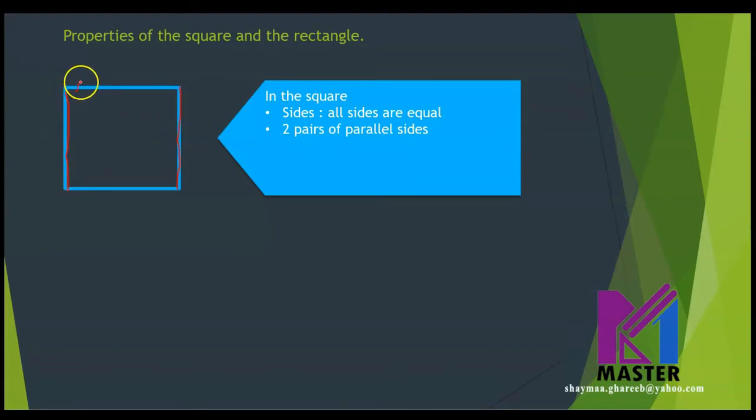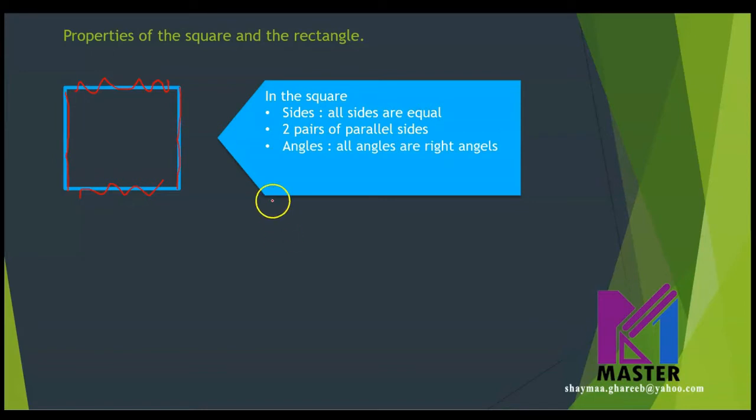And another pair here, this side is parallel to this side. So in total, I have 2 pairs of parallel sides. Do you remember the meaning of parallel? Lines that never meet. Lines that are the same distance apart. Is this clear? So when I describe parallel sides, I use the word pairs.